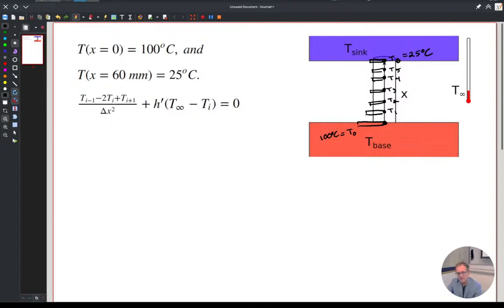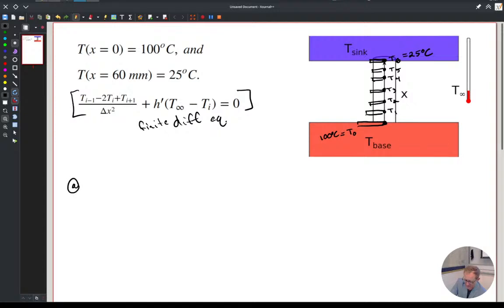Anytime those are coming up in the equation, I have real values that I can substitute in. So let's look at the rest of the equations based on this finite difference. I'm taking a differential equation, turning it into a finite difference equation, and that's where I'll go from there.